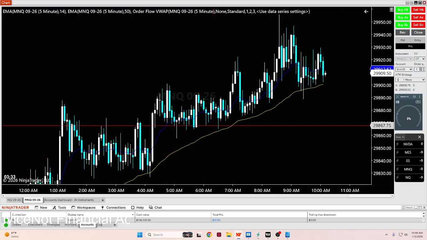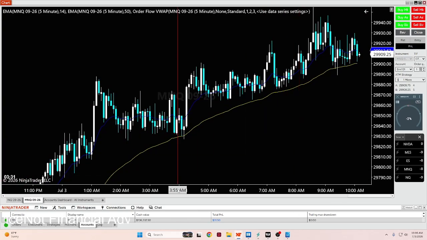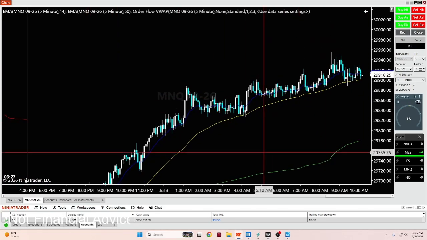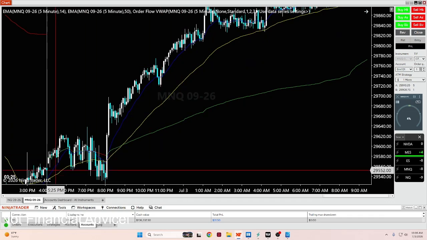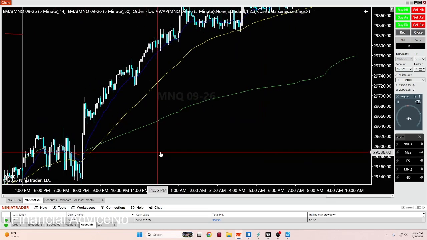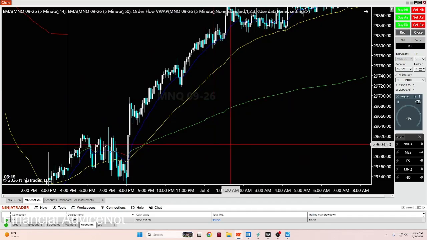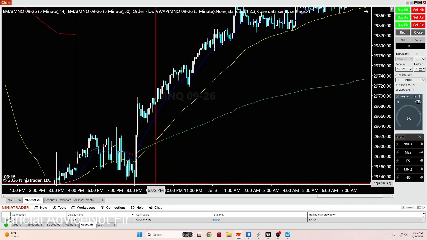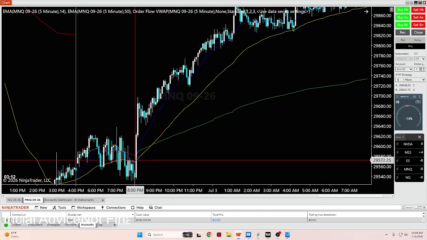Real quick, we'll go over it really fast. If you're looking at the 14 and the 50, while we're waiting for another setup here, this green line right here is the VWAP. You couldn't see it because the price just went over from the Asia session last night. But look right here, the 14 bounced right off the 50.